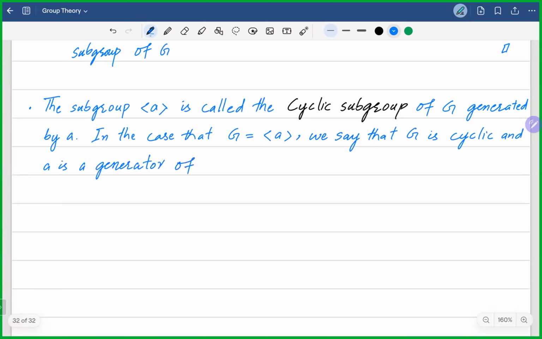A cyclic group may have many generators.